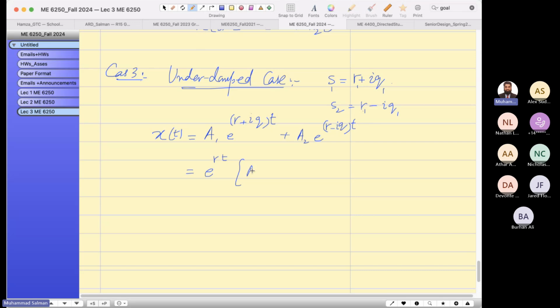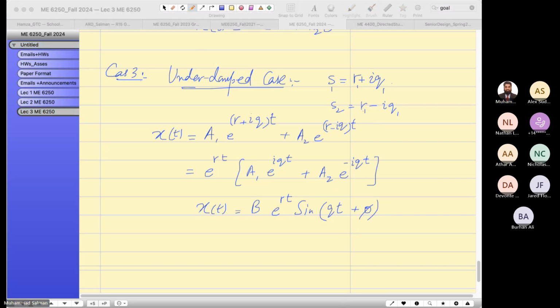So you are left with A1 e to the iQT plus A2 e to the negative iQT. It can also be represented by one line, one term, with this formula: B e to the RT sine(QT plus phi).